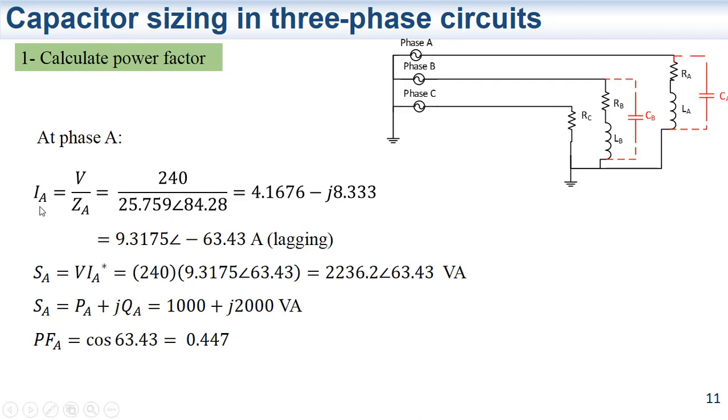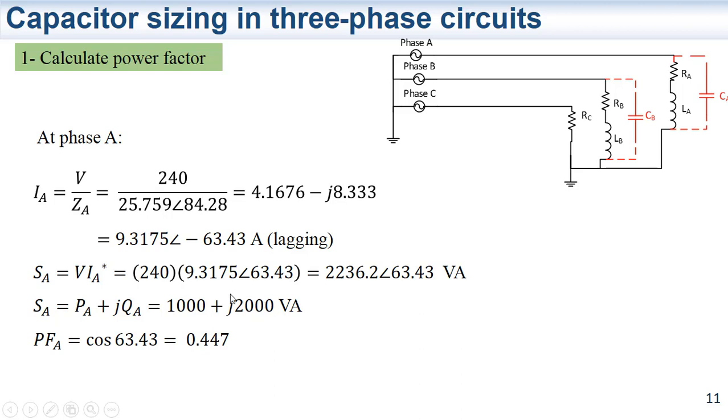For phase A, we start with the current, trying to find the imaginary part of the current, trying to find the angle between the voltage and the current, and then we can calculate the reactive power of phase A. We also can use the active and reactive power to calculate the power factor.